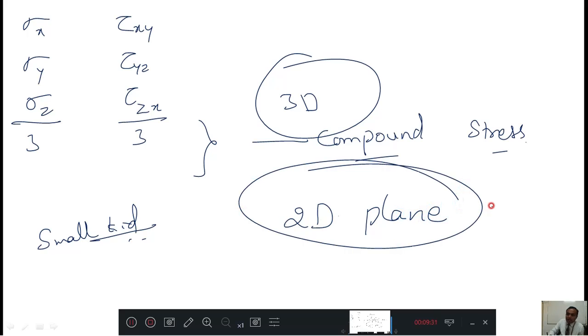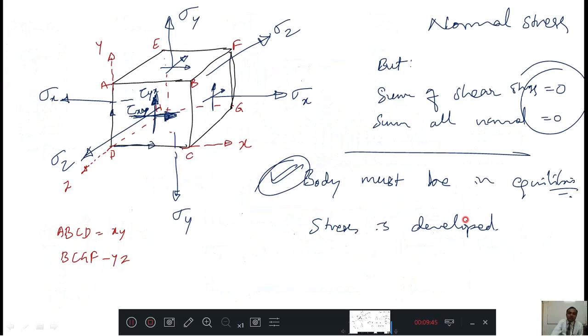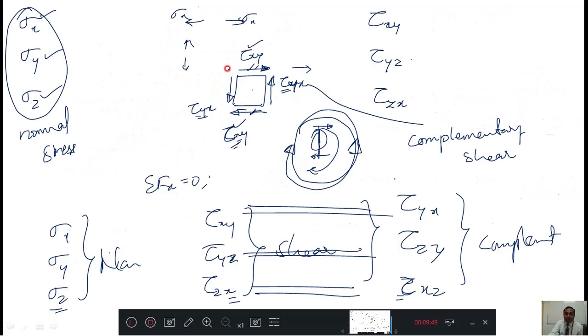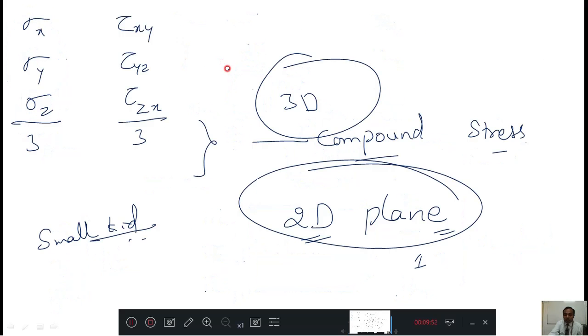One-dimensional we will ignore. The thickness of the material we will ignore and we will study two-dimensional plane systems. Where these theories are applied, I will explain later. Now you concentrate. We will not study this three-dimensional concept. We will reduce that study into a two-dimensional concept.